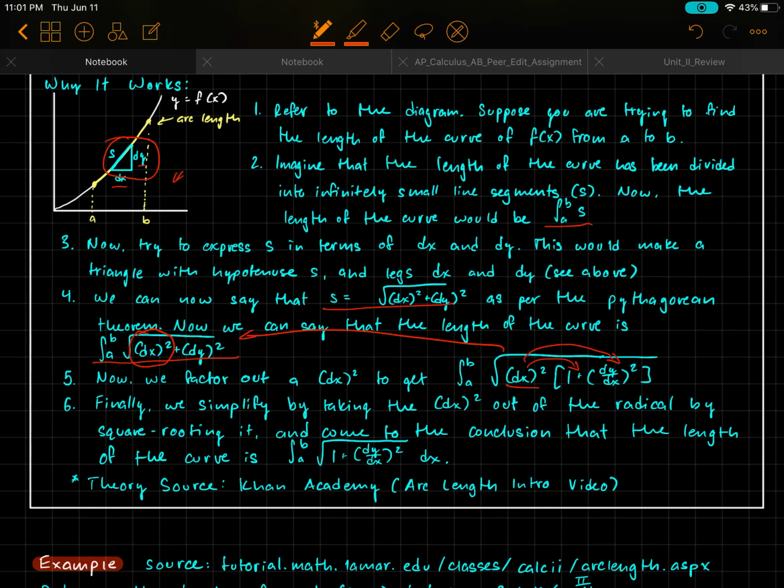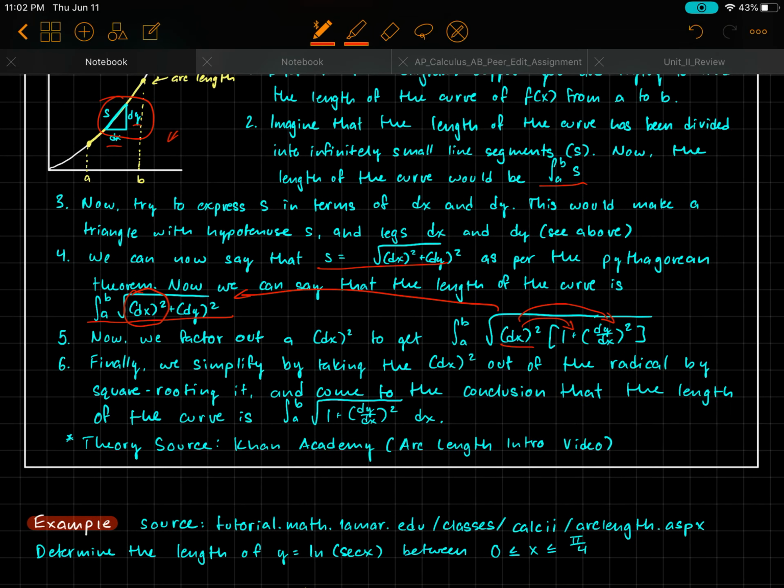So once we factored that out, just take the dx squared out of the radical, and we are going to get this right here, which is the integral from a to b of the square root of 1 plus dy dx squared dx, which is the exact formula that we have been using so far.